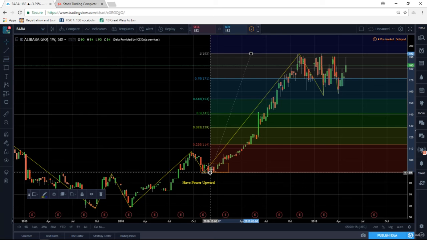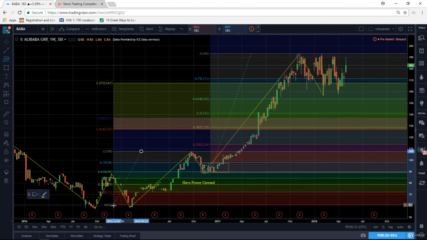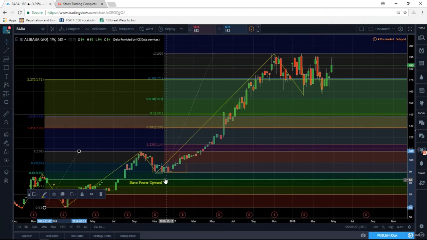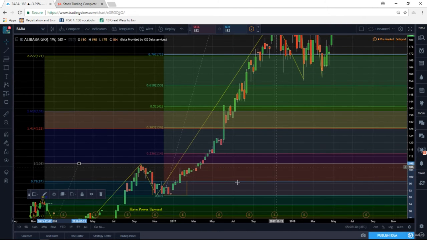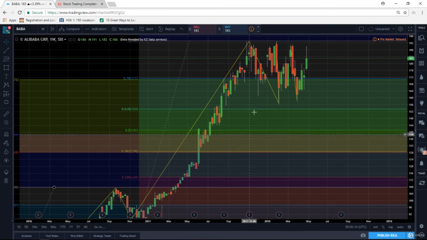You can see that the stock price retraces to 0.618, and you want to compare to these lines. At these lines also, it retraces until 0.618. It doesn't touch 0.618, and the same goes for this level.